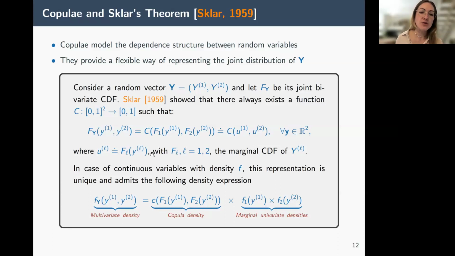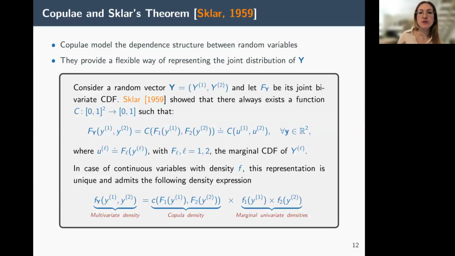And if we are dealing with continuous variables, so variables for which a density function exists, then this representation is unique. Not only does it always exist, it has the following density representation: we can represent the multivariate density of our random vector y as a product between the marginal univariate densities and the copula density with arguments the marginal CDFs at the points of interest.